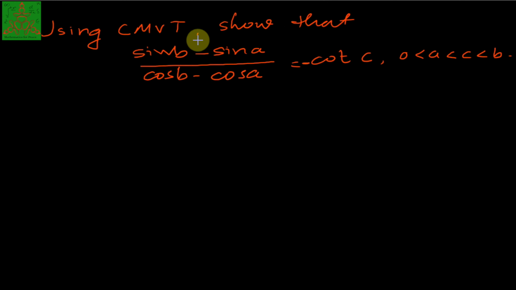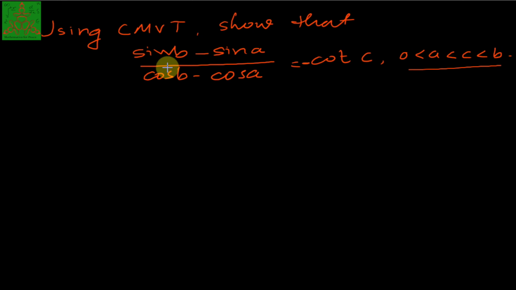Using CMVT show that sin b minus sin a upon cos b minus cos a is equal to minus cot c, if a and b satisfy this situation, that means a and b are positive and the value of c is in between a and b.